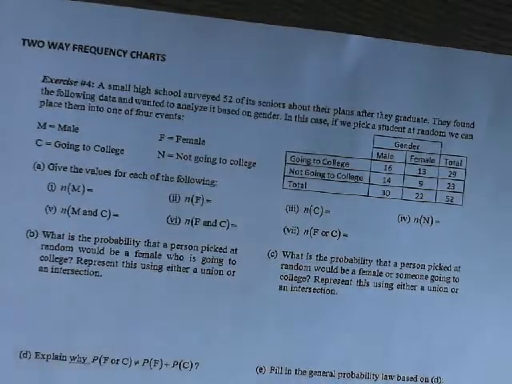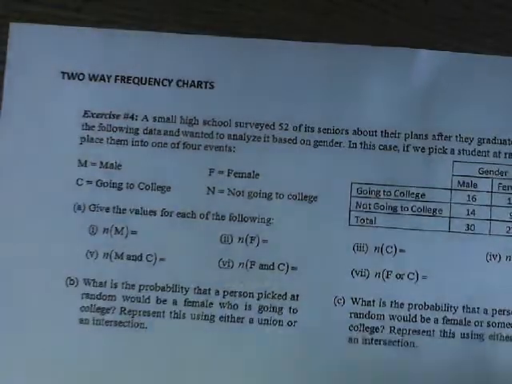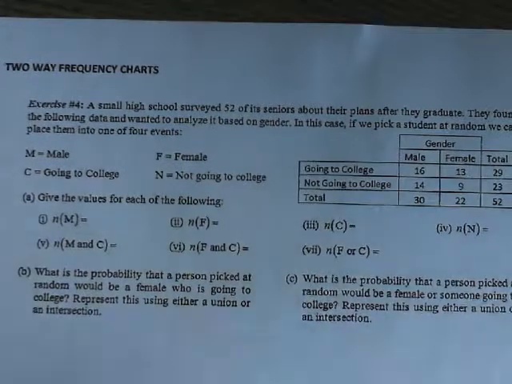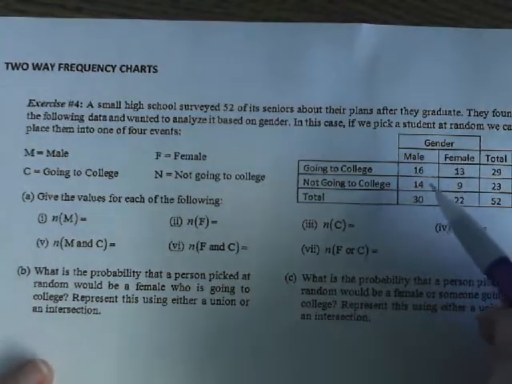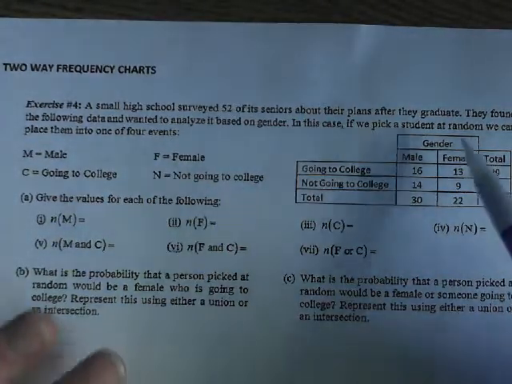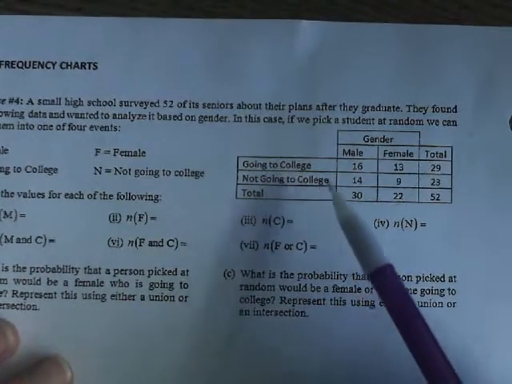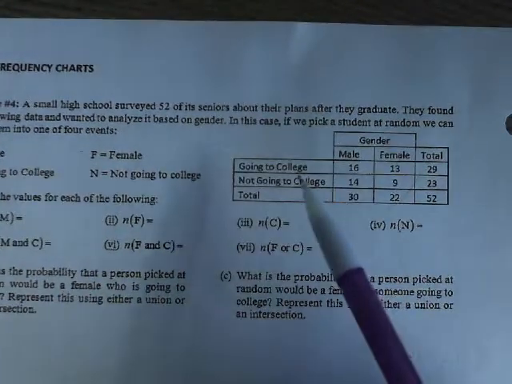All right. Two-way frequency tables. This will be on your Regents, I would bet, and knowing how to read these. So with two-way frequency charts, we're looking at two different variables here.